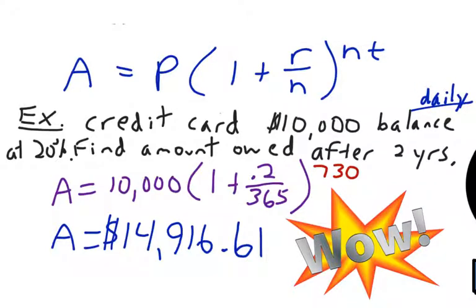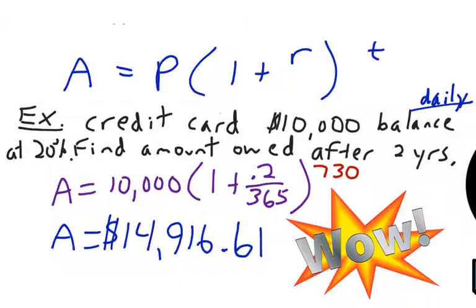Just to give you an idea of how much bigger this is, let's calculate the interest not daily but yearly to compare. So I'm going to erase off the N in both parts of my formula. So that N goes away and that N goes away.